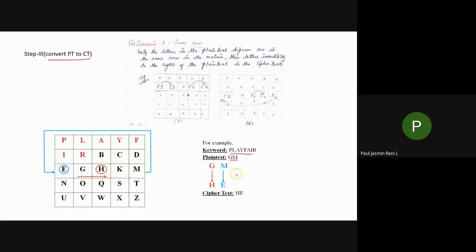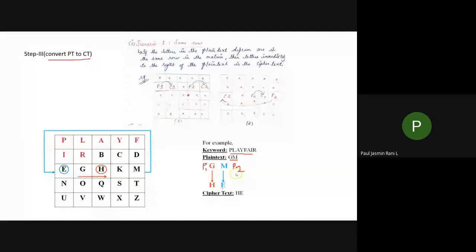Let us consider GM is your plain text. G is your plain text P1, and M is your plain text P2, your second alphabet. Now you have to get the result HE. Let us see how we get this ciphertext HE.